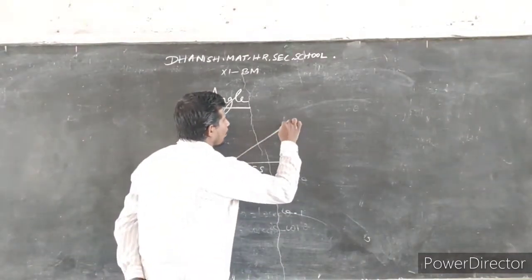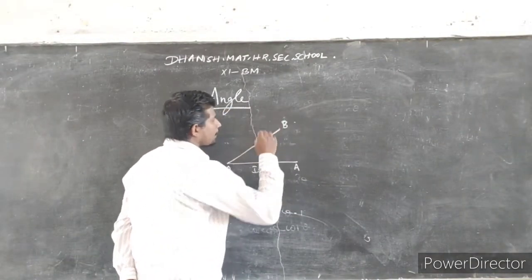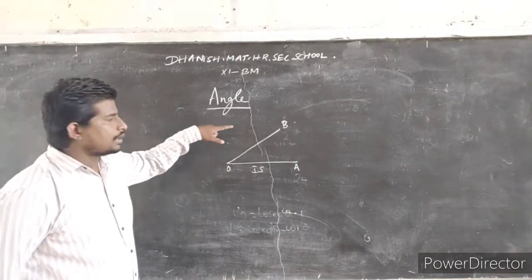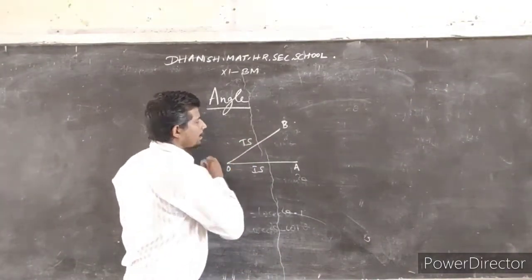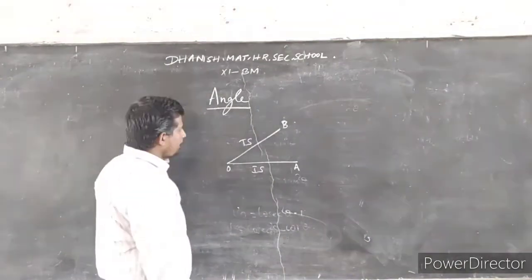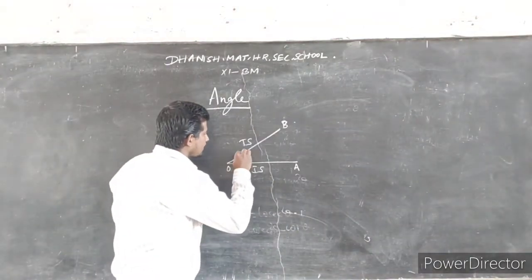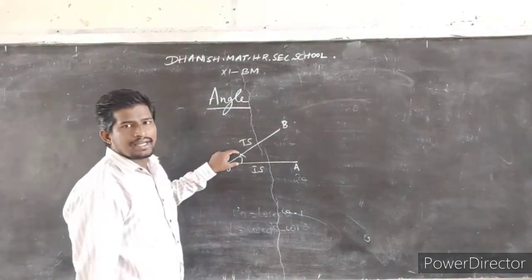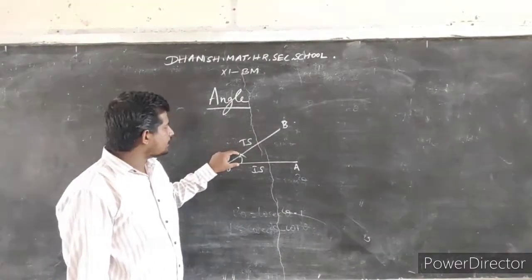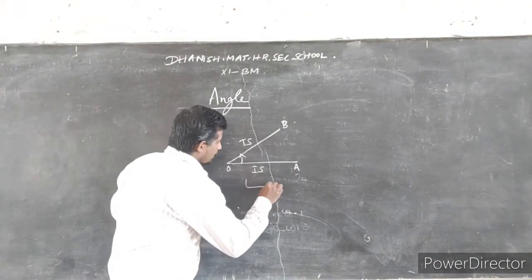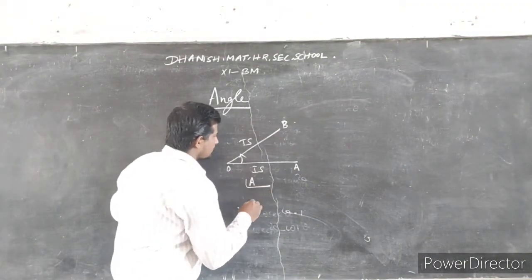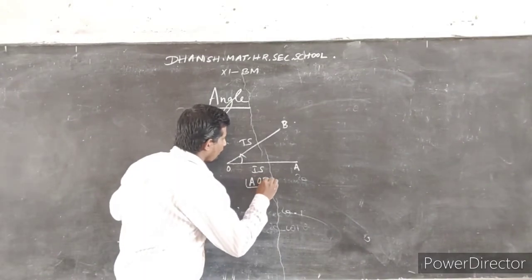Now the ray OB can be taken as the terminal side after the rotation. This measure can be taken as the angle. Here our angle is angle AOB.